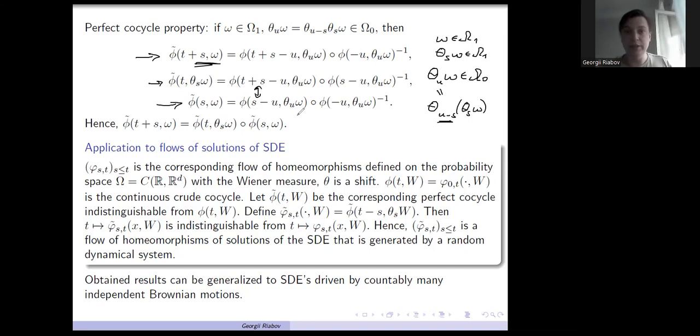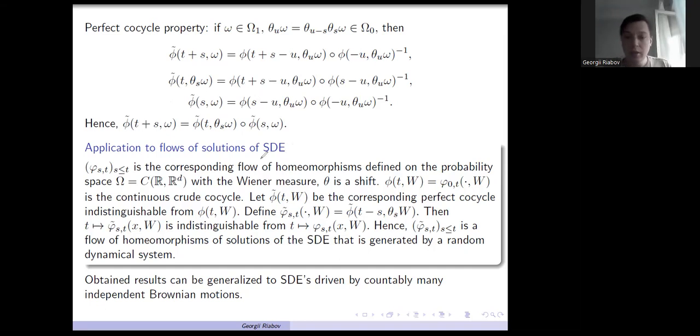Now, how can this be applied to stochastic differential equations? We recall our stochastic differential equation with Lipschitz coefficients. We can construct the flow of homeomorphisms of solutions to this equation defined on the classical Wiener space.